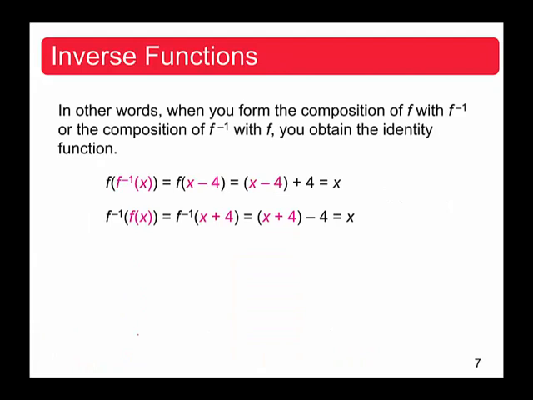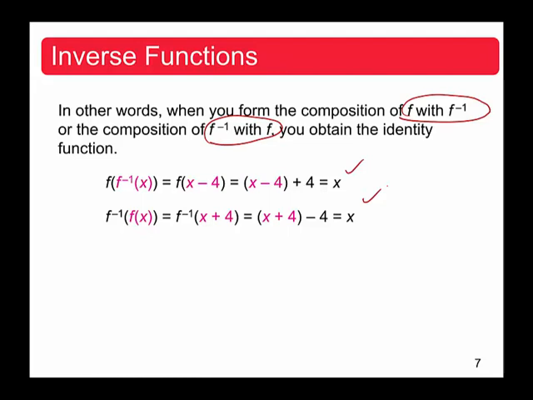Okay, then if you compose the original function with the inverse function, or the inverse function with the original function, we end up with the identity function. That explains why they undo each other.